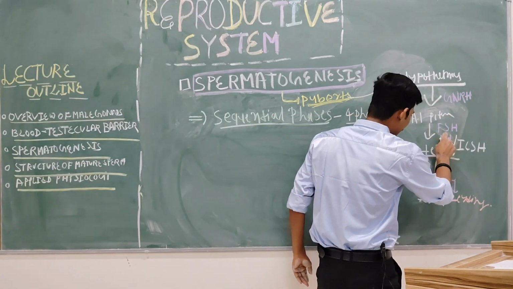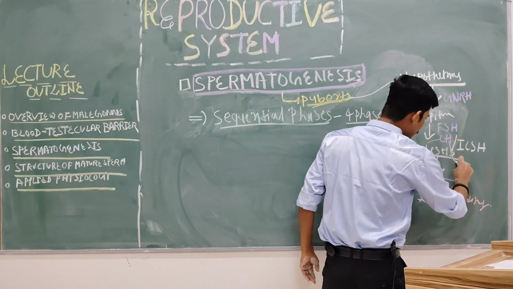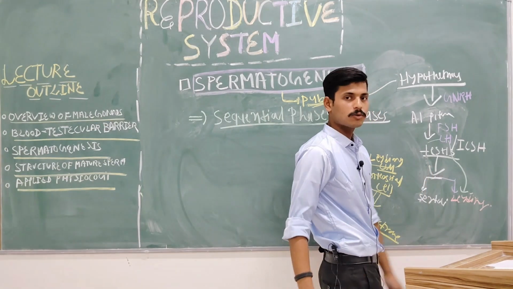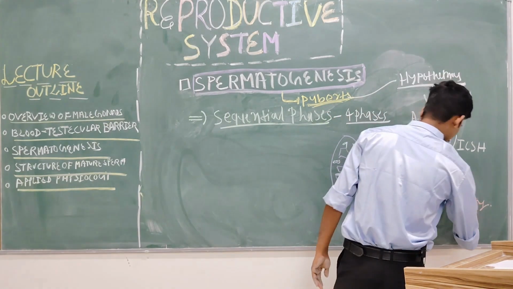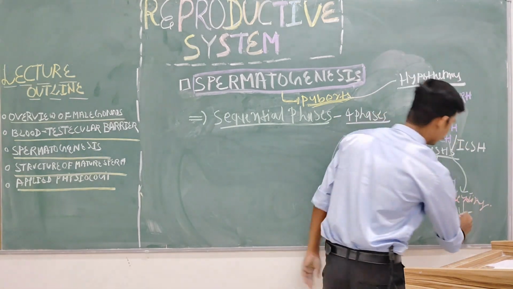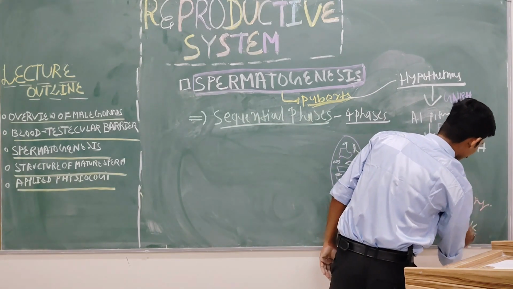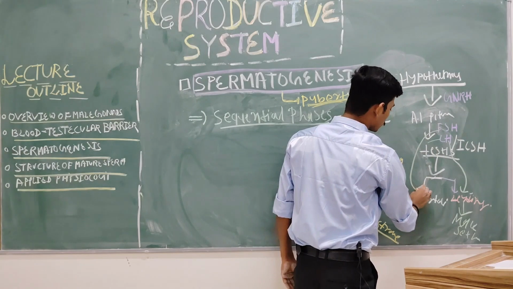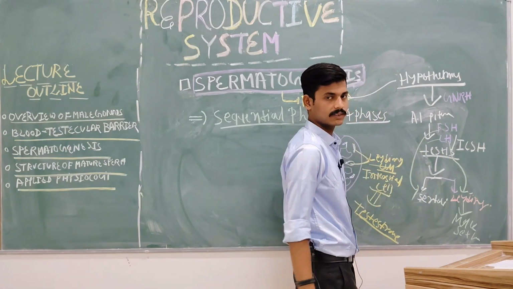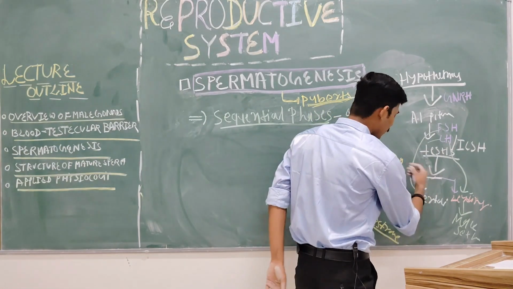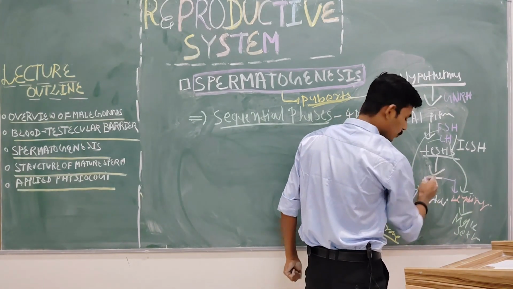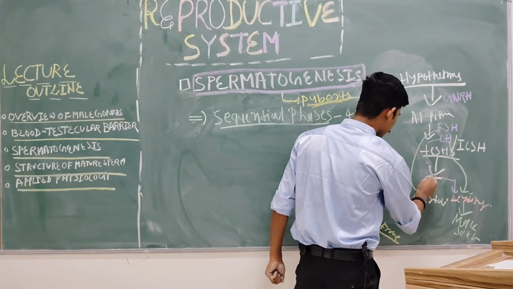LH will work on the Leydig cell and tell it to secrete the sex hormone, basically the male sex hormone. And this FSH goes to the Sertoli cell, and also to the spermatogonia.